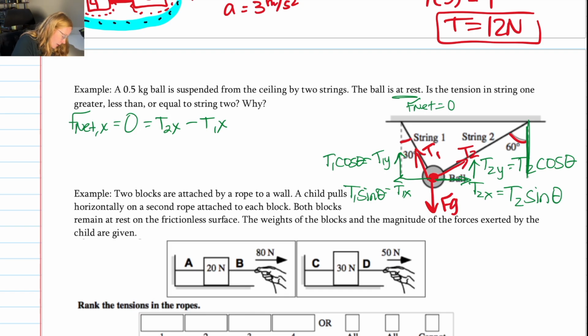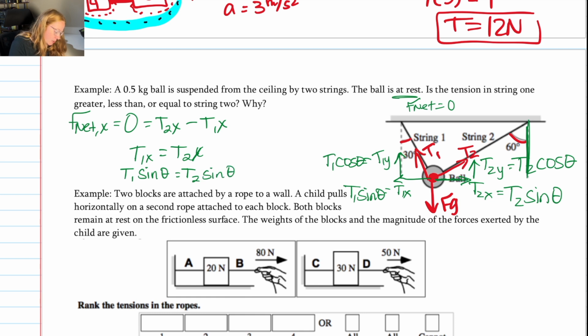Let's go ahead and move T1x to the other side. It really just wants me to compare the 2 values. So if I could just make the replacement, instead of T2x and T1x, let's go ahead and make it T1 sine theta, T2 sine theta.